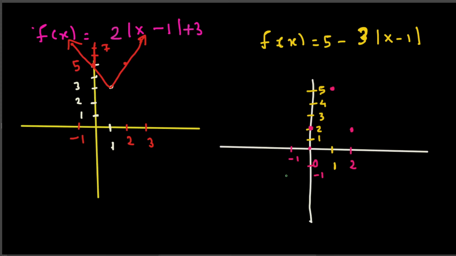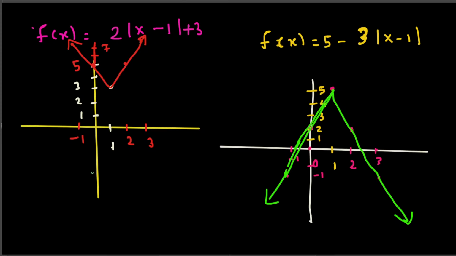So it's going to be right here. And when x is 3, it's the same thing, right here. So if you draw the graph, let me try a different color, it's going to look like this. It goes on forever.